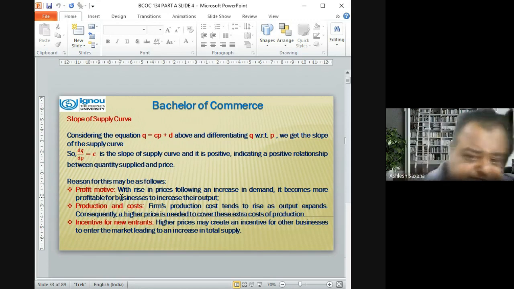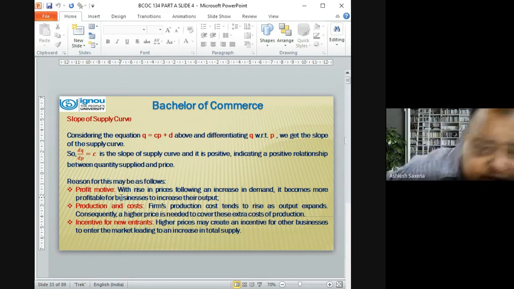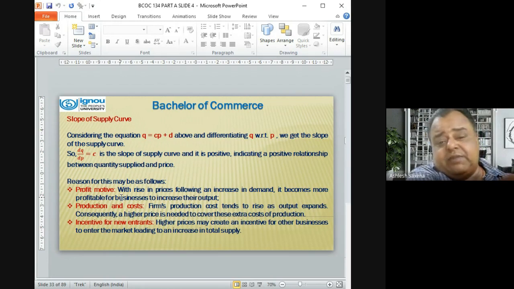What are the reasons for this? First, it could be the profit motive. With rise in prices following an increase in demand, it becomes more profitable for businesses to increase their output. Second one is production and cost. Firms' production cost tends to rise as output expands.